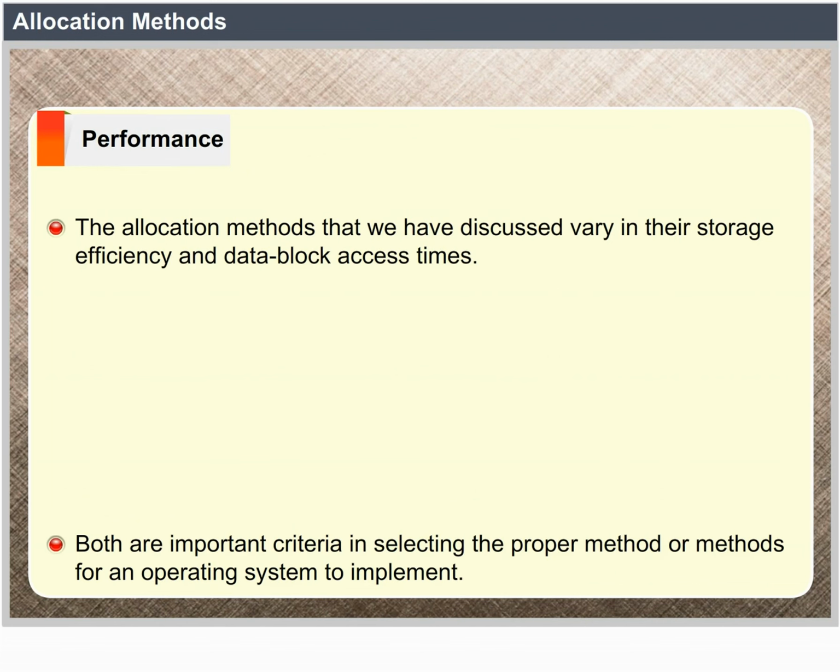Indexed allocation is more complex. If the index block is already in memory, then the access can be made directly. However, keeping the index block in memory requires considerable space. If this memory space is not available, then we may have to read first the index block and then the desired data block.